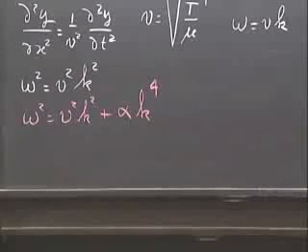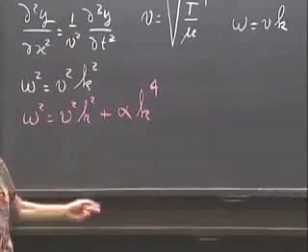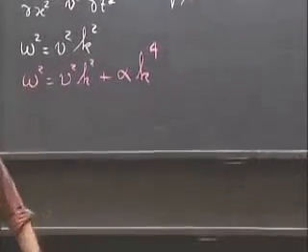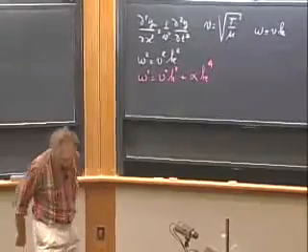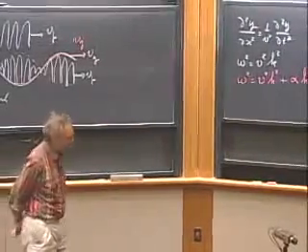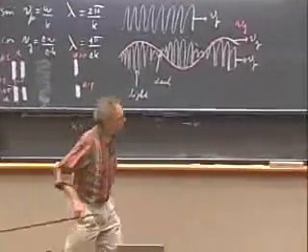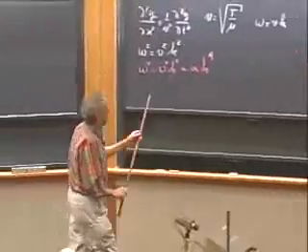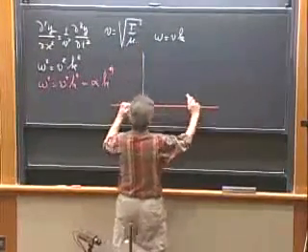Beckefee and Barrett call this alpha a squared. That's fine, of course. That's just a matter of definition. A is a positive number. And what this tells you is that the higher the frequency, the higher the speed of propagation. I can make for you an omega-k diagram. So let's have here omega, and let's have here k.